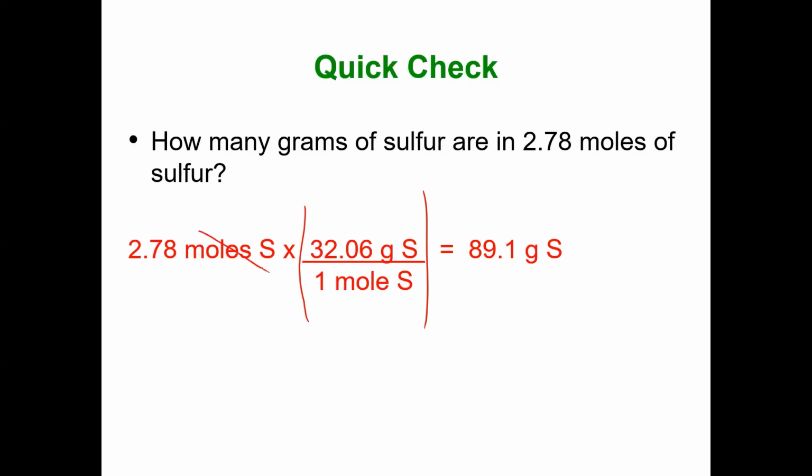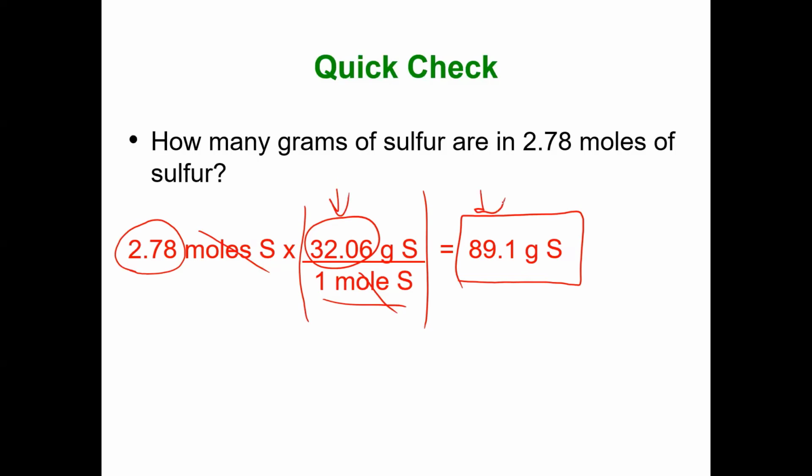I need to get rid of moles. So 1 mole of sulfur, I look on the periodic table, is 32.06 grams. I multiply it, I get 3 sig figs. And that makes sense, right? If I have almost 3 moles of sulfur, I'm going to have almost 3 times the molar mass, 32.06, right? This is almost 90, so it's almost 3 times.